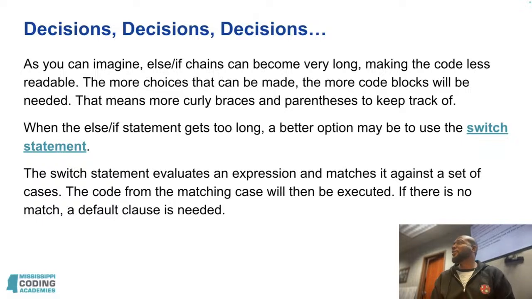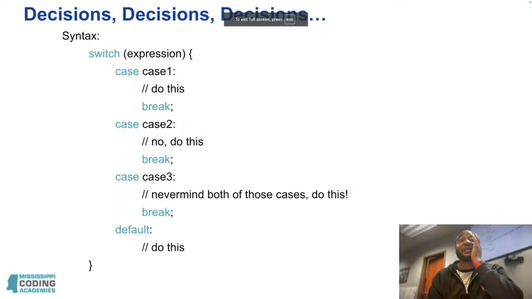That means more curly braces and parentheses to keep track of. When the else if statement gets too long, a better option may be to use what we call the switch statement. The switch statement evaluates an expression and matches it against a set of cases. The code from the matching case will then be executed. And if there is no match, then the default clause is used.